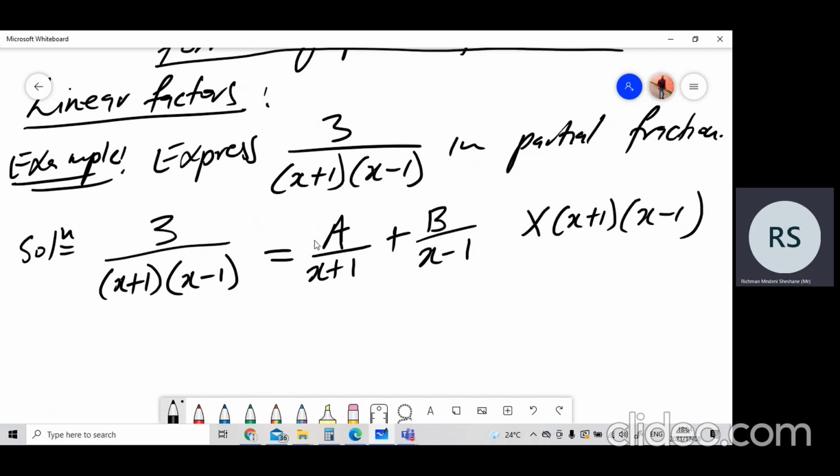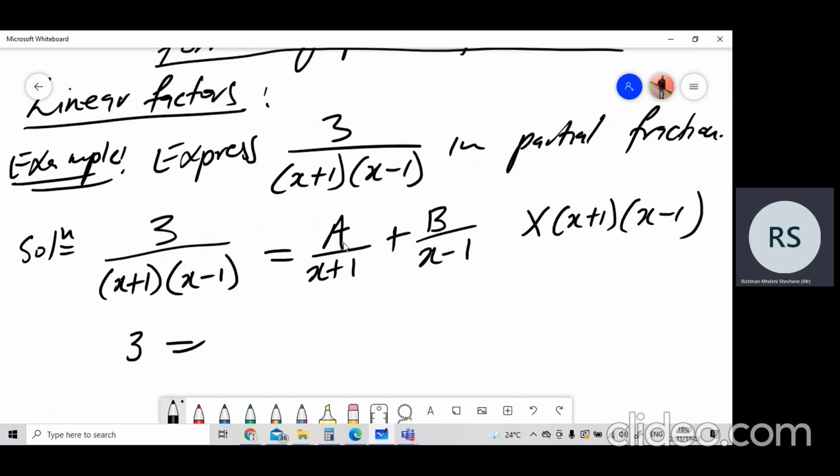On the left-hand side, this will cancel with the denominator, so you're just left with 3. Then equal to, multiply into the right side.